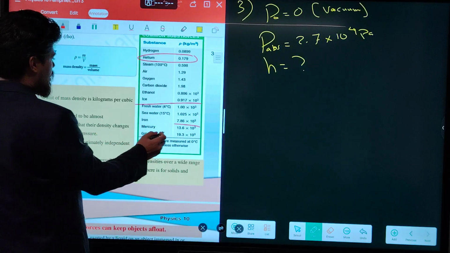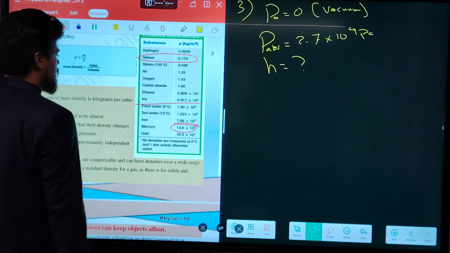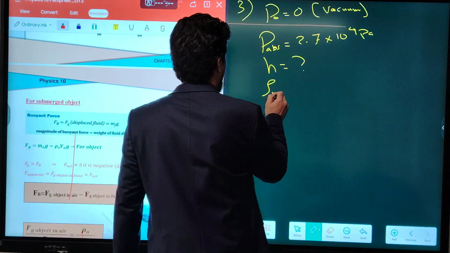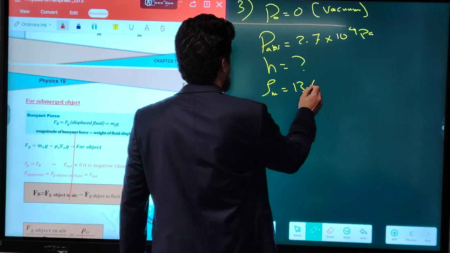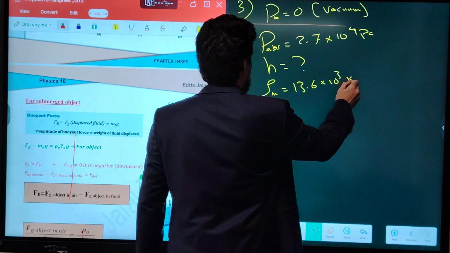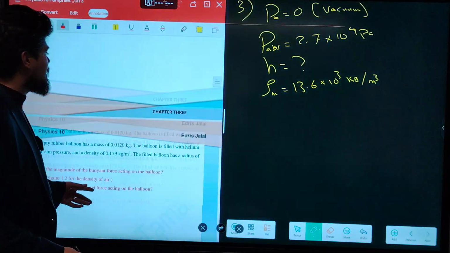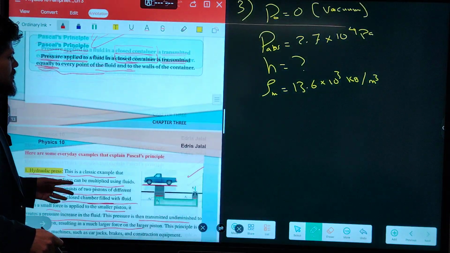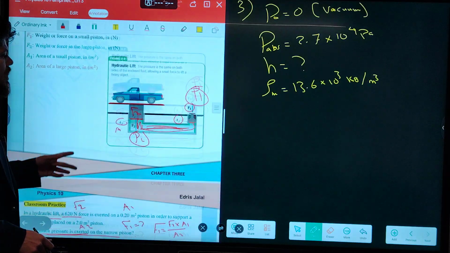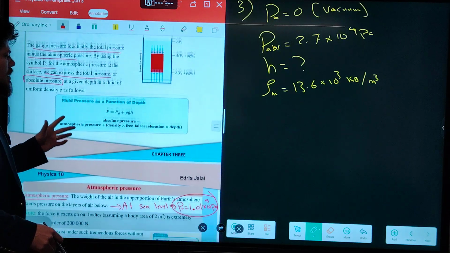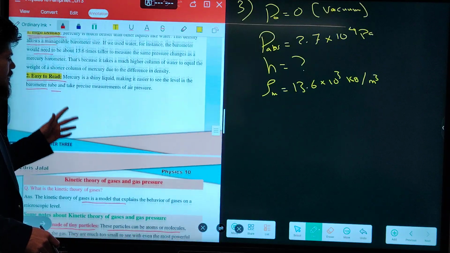Look, the density of mercury is 13.6 times 10 power 3 kilogram per meter cube. This is the density of mercury. It must be given in the question. Okay, don't memorize this density. Only the density of fresh water and the density of the air you have to memorize.